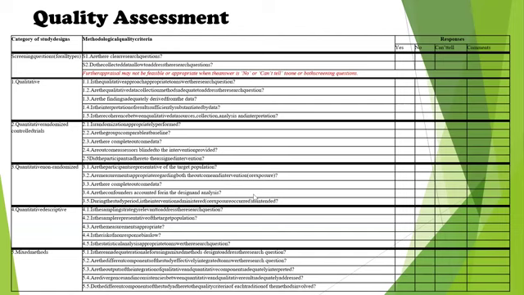Now, if you come to the response for each of the questions, you have a response for it. For example, for qualitative, the first question is: is the qualitative approach appropriate to answer the research question of that particular paper? Because we want to know that the paper you use is a quality paper.